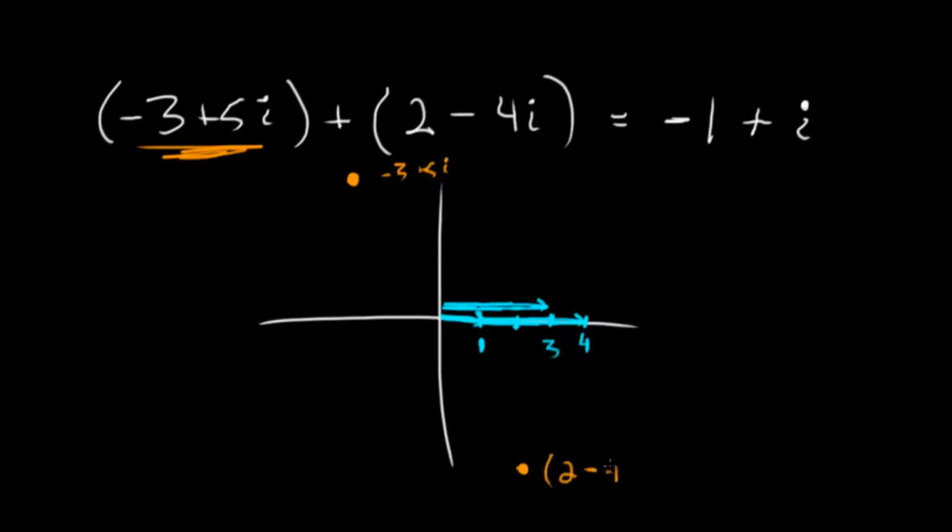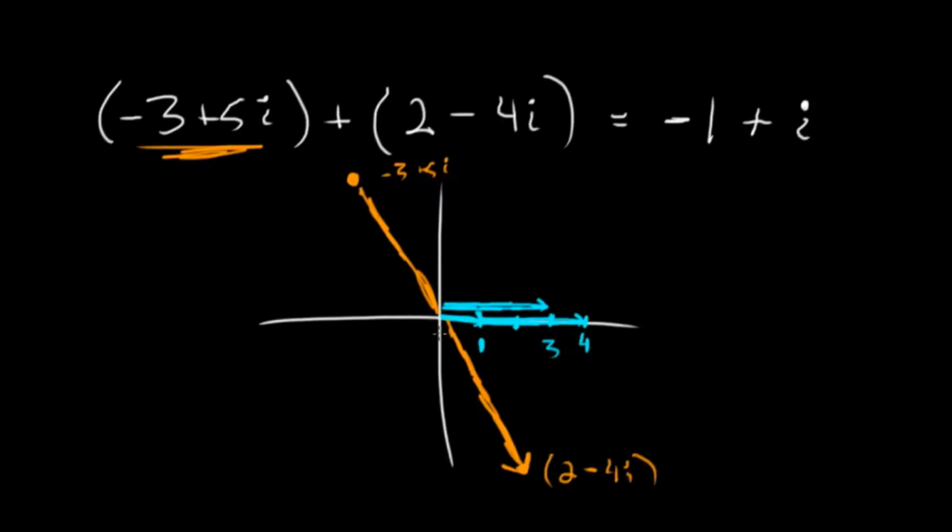All right? And then you have these segments. My picture's not perfect. It's a little bit badly scaled. But I'm going to take this number 2 minus 4i and then add it to this thing. So I'm going to take its segment and then add it to this thing.